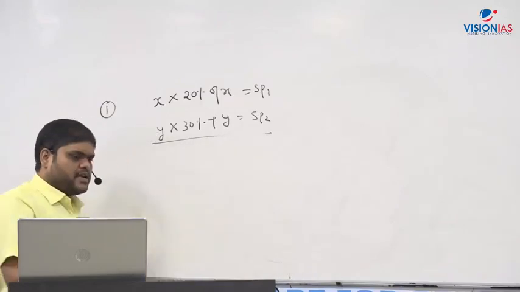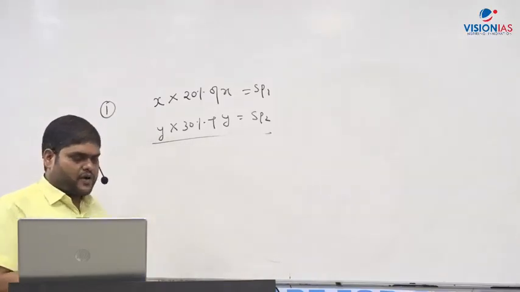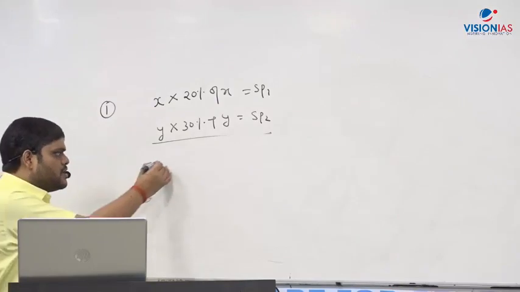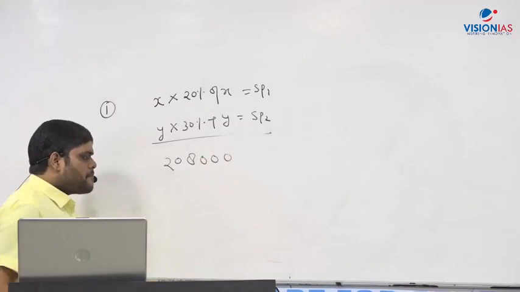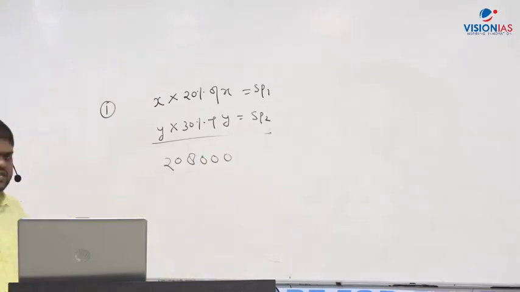So option number C will obviously be the correct one, but let's check it. 2,08,000.